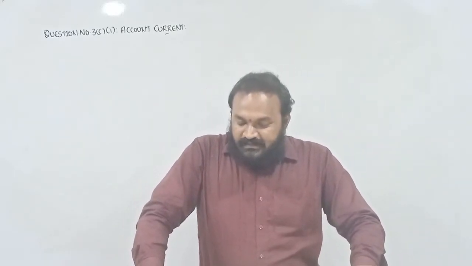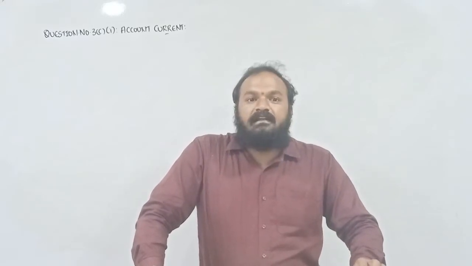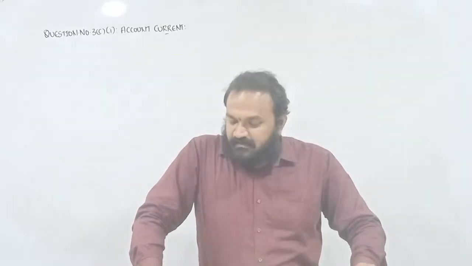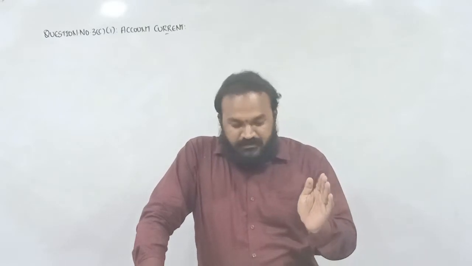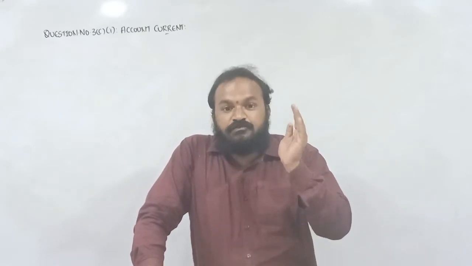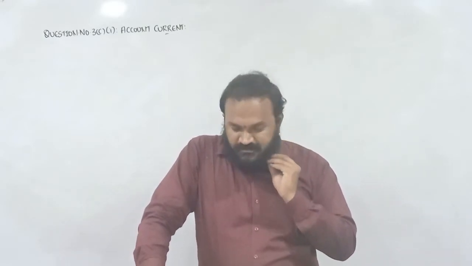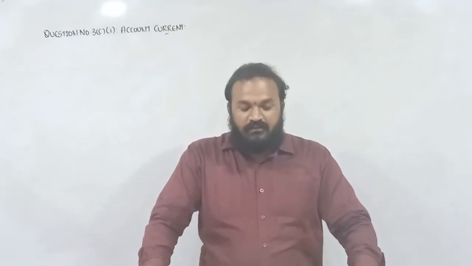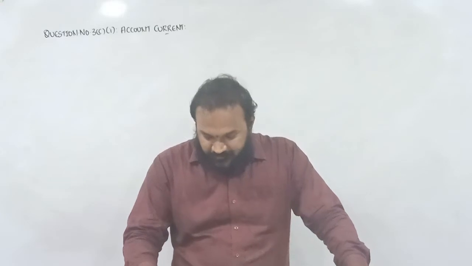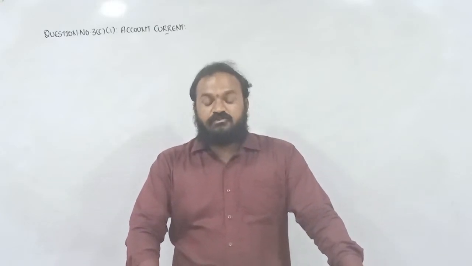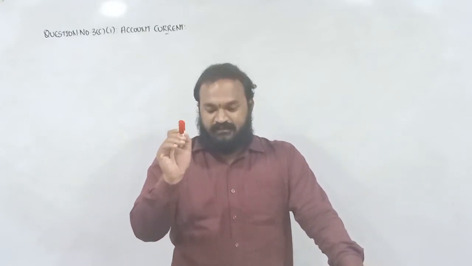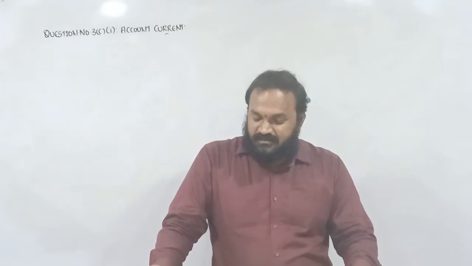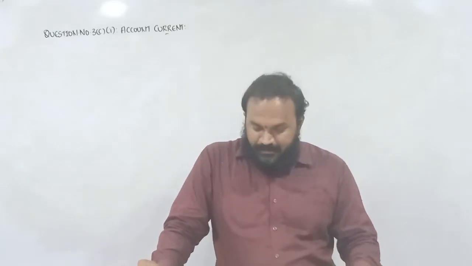From the following details, prepare an account current as sent by Mr. A to Mr. B. It means we have to prepare account current in the books of Mr. A. B is in account current with Mr. A on 30th June 2021 by means of products method, charging interest at the rate of 6% per annum.